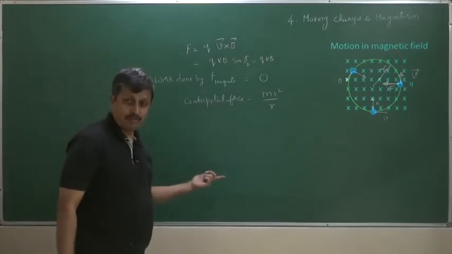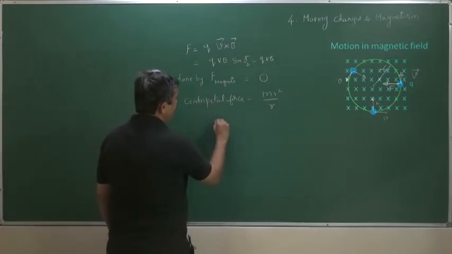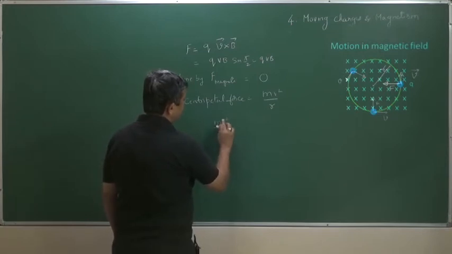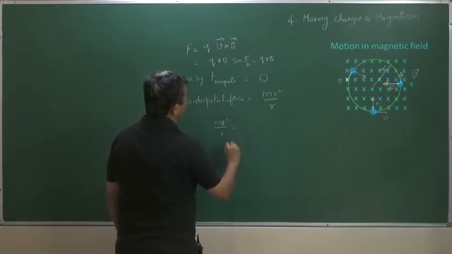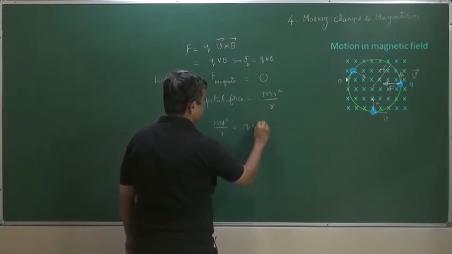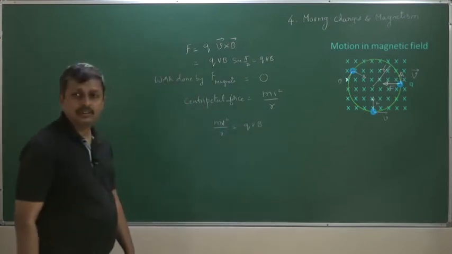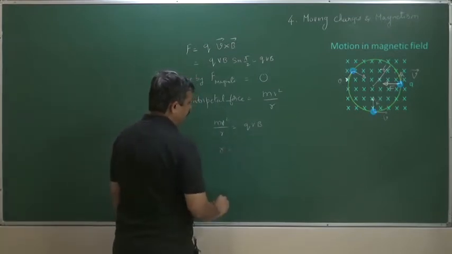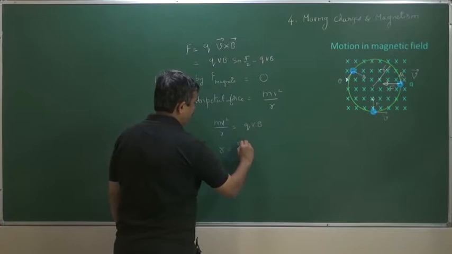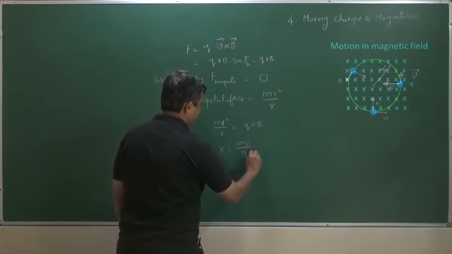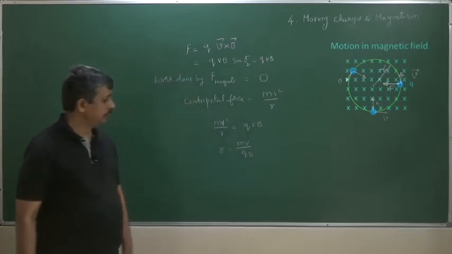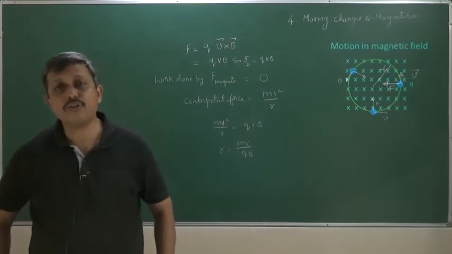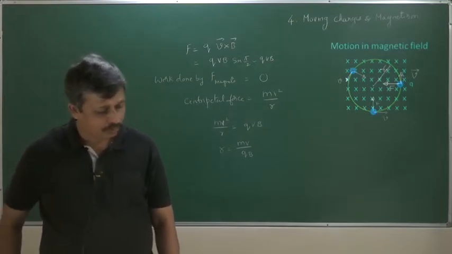Therefore, mv square by r is equal to qvb. So we can say r is equal to mv divided by q into b. That is the value of the radius.